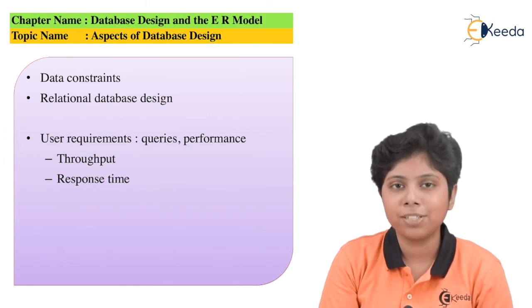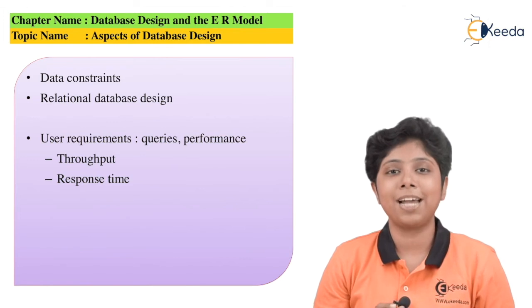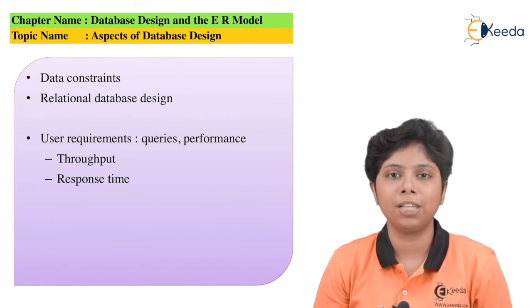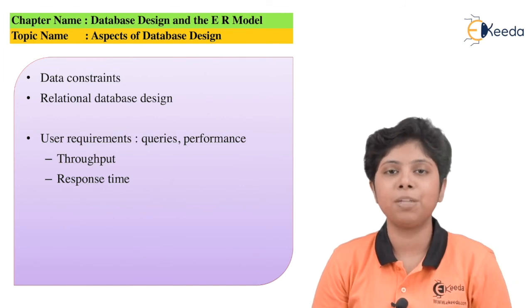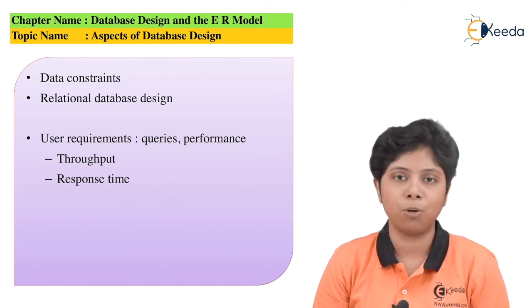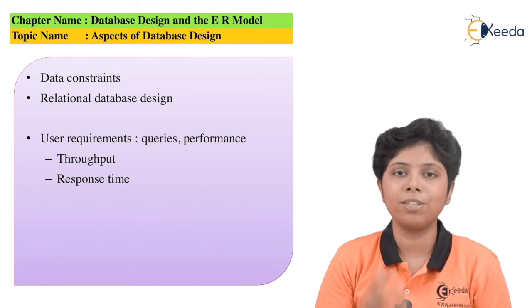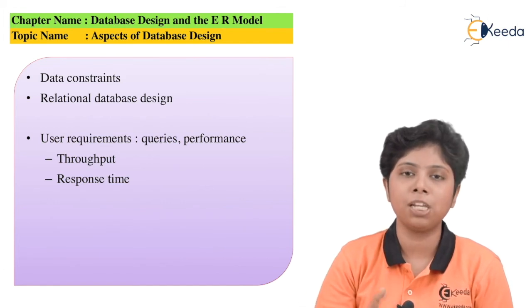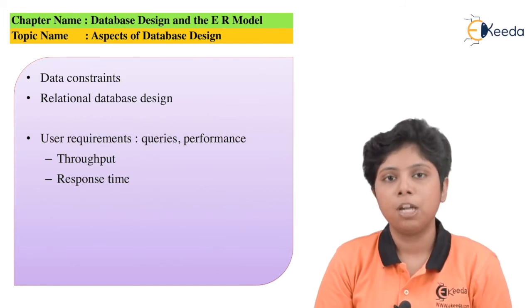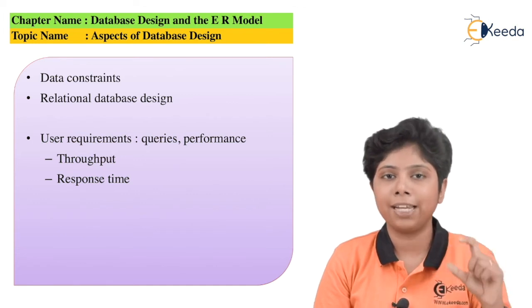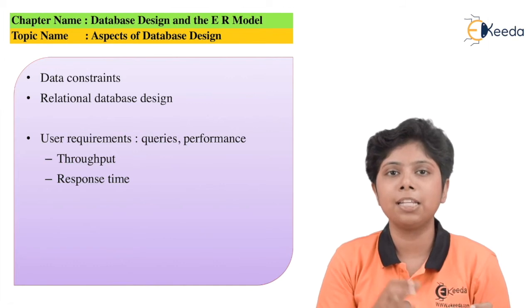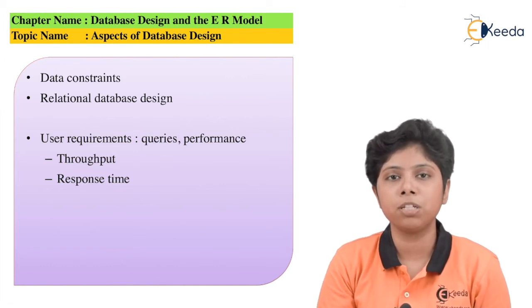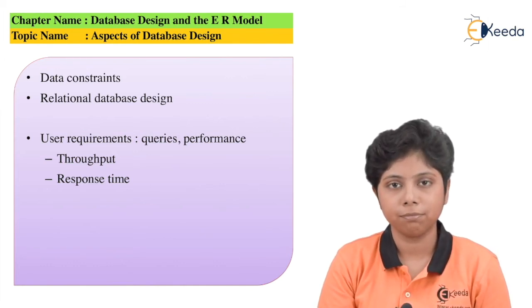When we increase the throughput, that means we are designing the database so smoothly that one can fetch data within a second, that is, within the lowest response time. The lowest response time will eventually increase the throughput, because if it takes less time to compute a query, then the number of queries per unit time will increase.